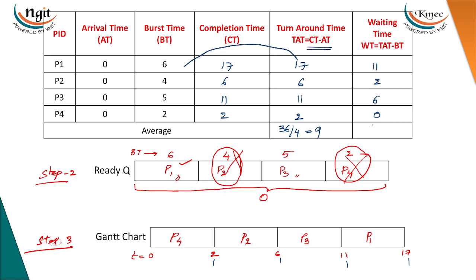The waiting times sum to 19, divided by 4, that will be 4.75. So average turnaround time equals 9 and average waiting time equals 4.75. You need to write this explicitly.